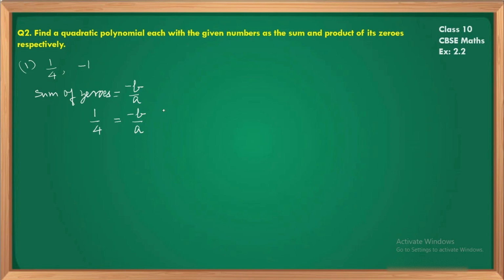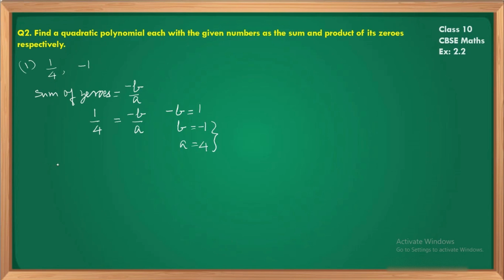Now minus b is equal to 1, or b is equal to minus 1. We shift minus to the other side, and a is equal to 4. These are the two values of b and a.